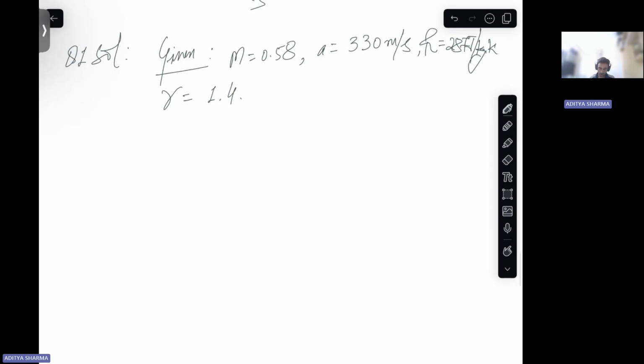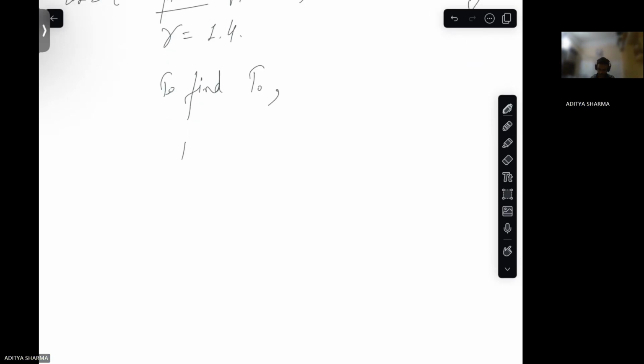Then if you want to find out T naught, what we can do, we can use this relation. T naught by T is 1 plus gamma minus 1 by 2 M square. This is your relation. But here we know M, we know gamma, we know T. So T naught we can calculate.